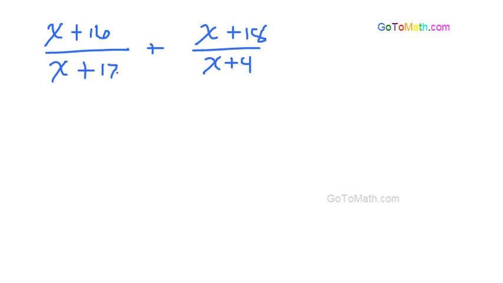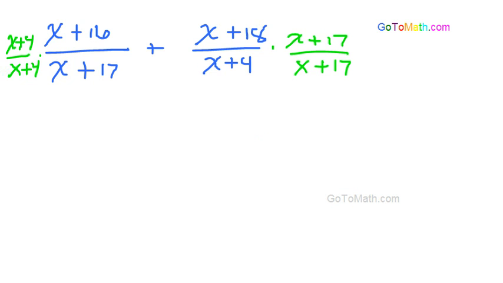All right, so the idea here is we want to get a common denominator. So we're going to put x plus 4 over x plus 4 on this side. And over here, because we have an x plus 17, we're going to write x plus 17 over x plus 17.